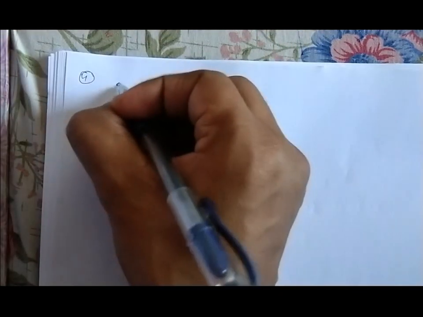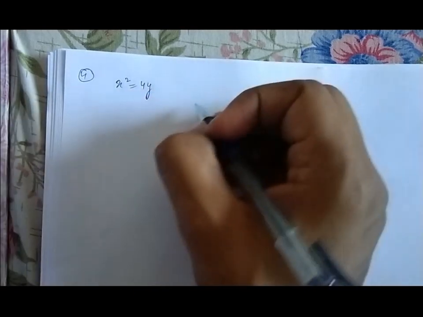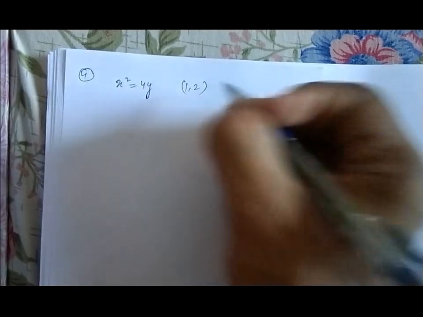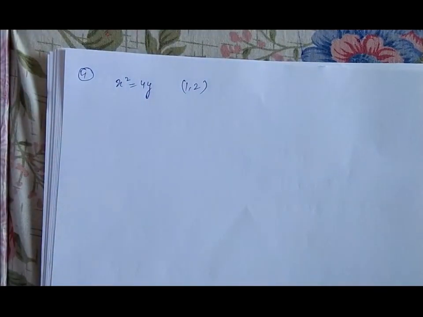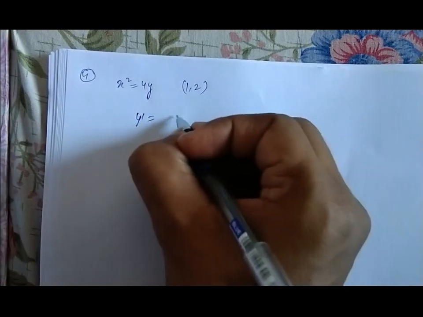Moving on to the next question, question number 4. Find the equation of the normal to the parabola x square equal to 4y which passes through point 1 comma 2. So first we will calculate y dash. So y dash is equal to x by 2.